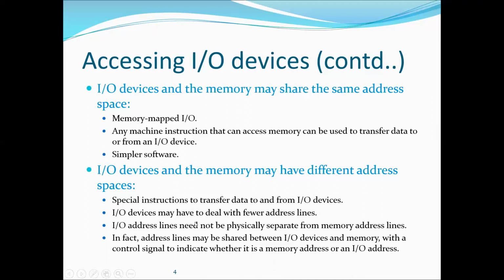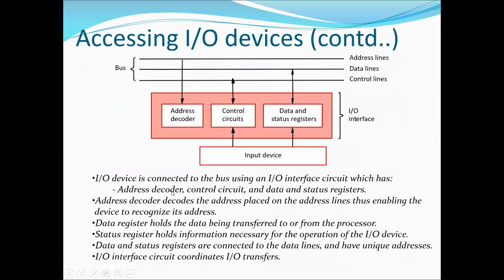IO address lines need not be physically separate from memory address lines, so the same address lines may be used, but the instructions are different. In fact, address lines may be shared between IO devices and memory with a control signal to indicate whether it is a memory address or an IO address. So we differentiate through these control signals.